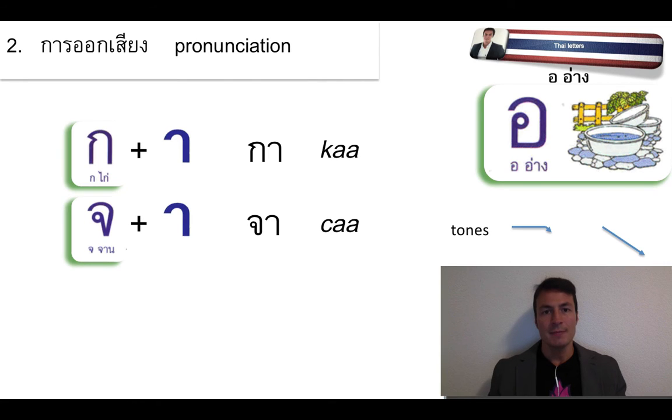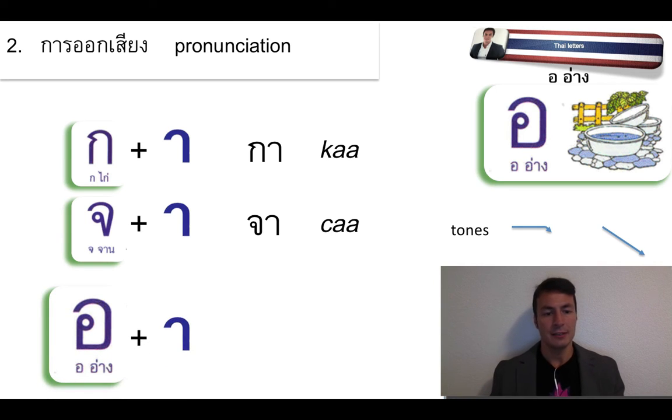Does that make sense? Alright, now the reason why I'm introducing you to this concept is not only because you have to learn it later on anyway, but because the ang consonant, which we are learning right now, is a little bit harder to grasp in that sense, even though it behaves exactly the same way. Let's take a look at how this works.